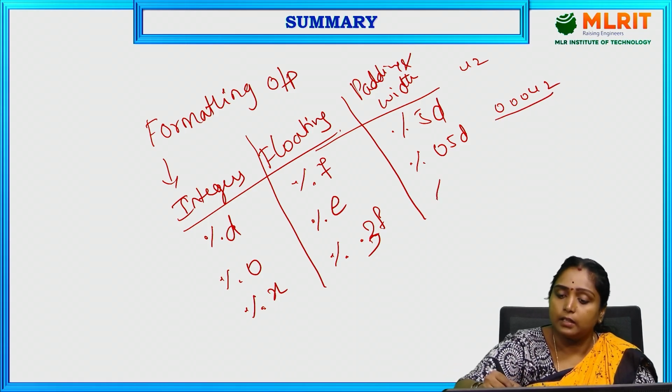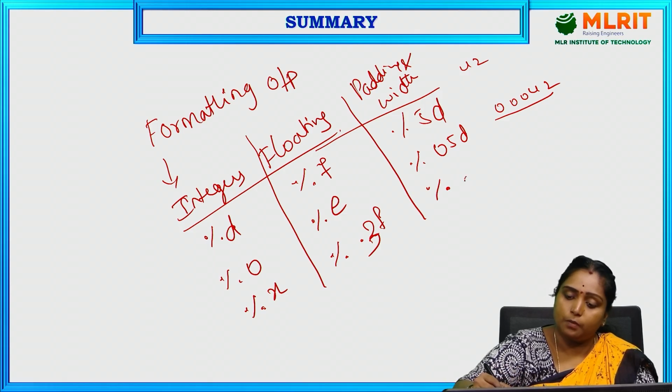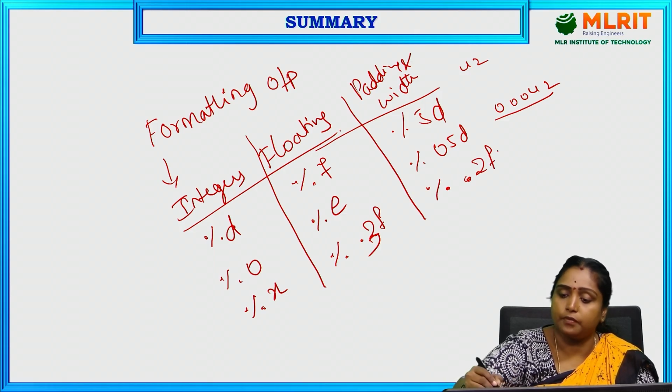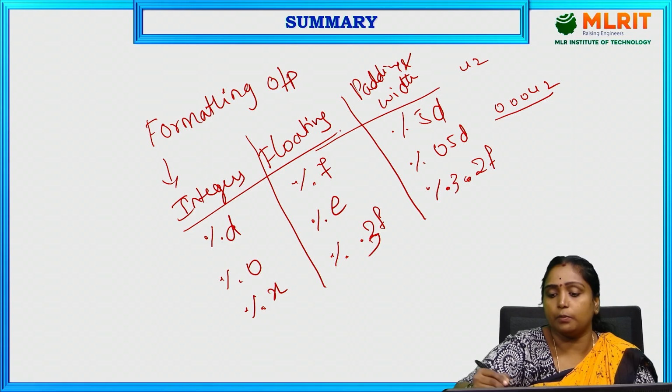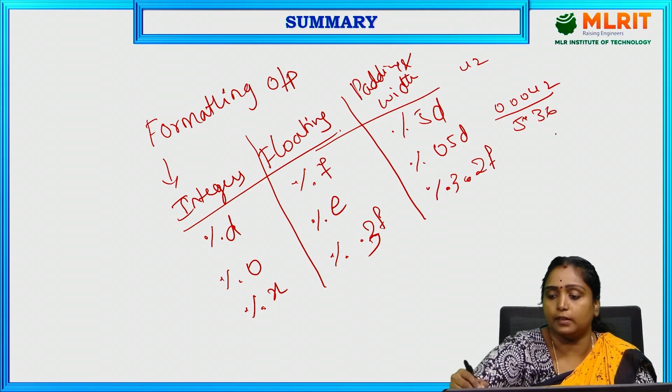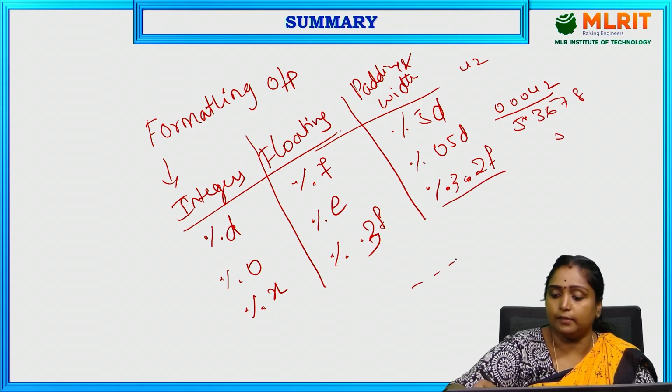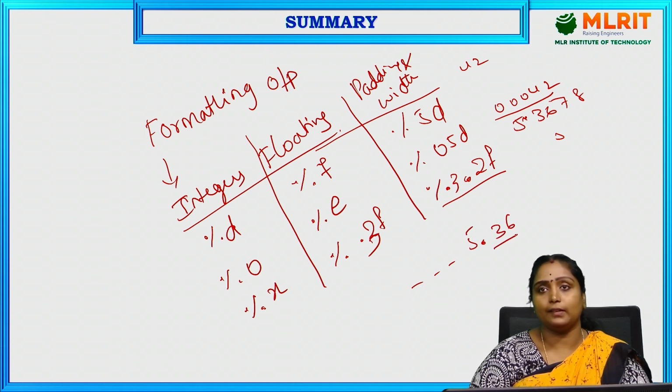And next, with 5.2F, if I'm giving 3.2, it will give 3 spaces, and after the point, for example, if my data is 5.36, it will give 5.36 only, with two characters after the point.